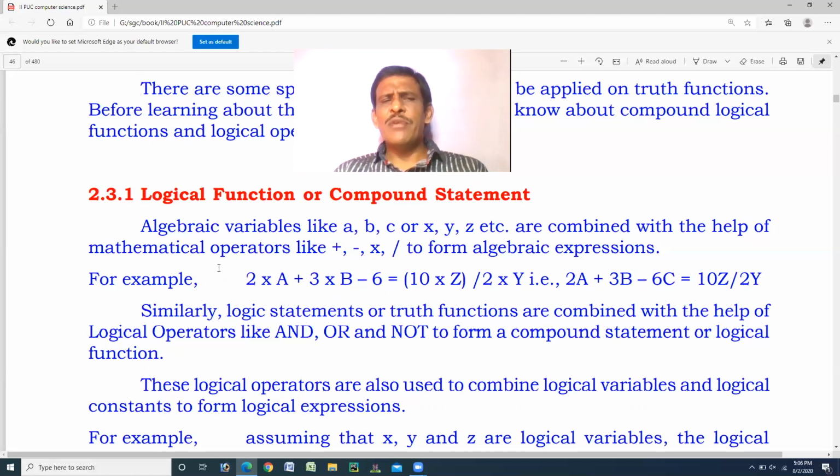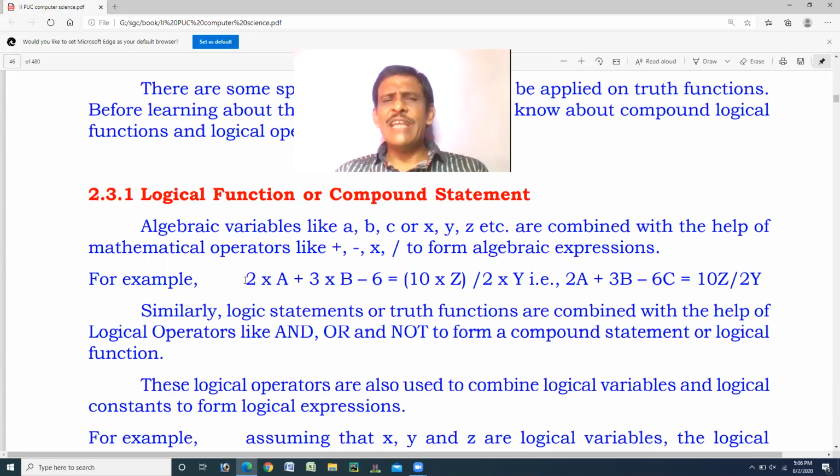For example, 2 into A plus 3 into B minus X equal to open bracket 10 into Z close bracket slash 2 into y, that is 2a plus 3b minus 6c equal to 10z by 2y. Similarly, logical statements or truth functions are combined with the help of logical operators like and, or, not to form a compound statement or logical function.